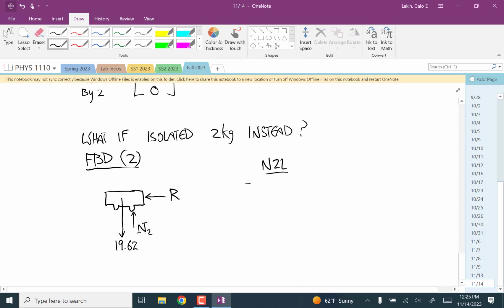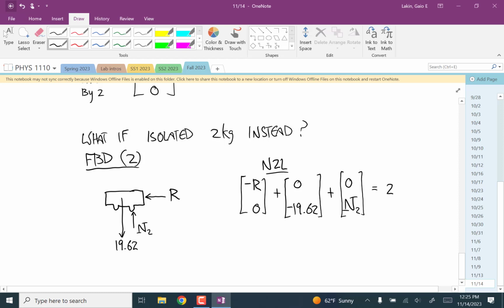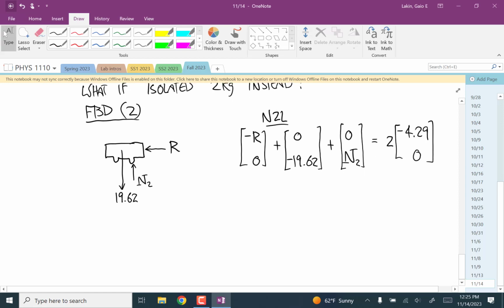Newton's second law says <-R, 0> plus <0, -19.62> plus <0, N2> is equal to the mass, 2, times <-4.29, 0>. And you get R is equal to, well, there's some round off error there.